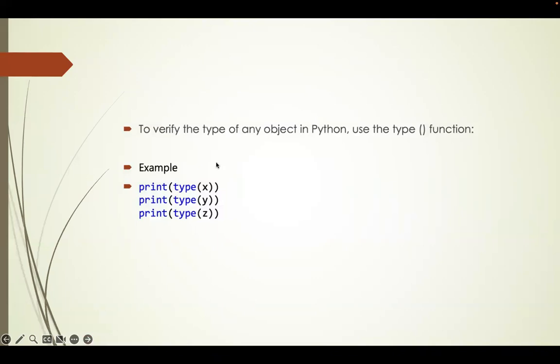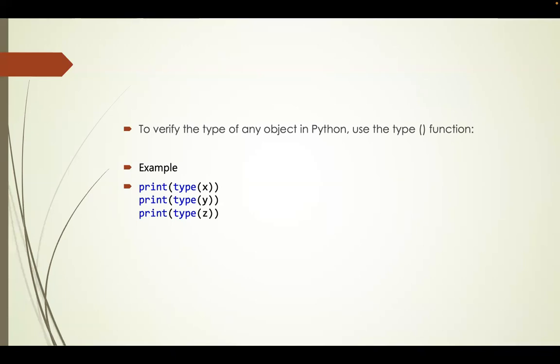So to verify, I think we already did this a lot. You want to know what type of data or what type of object is in Python. You say print type and that value. So let's say, for example, you have a number like 5 and you want to know what type of value it is.